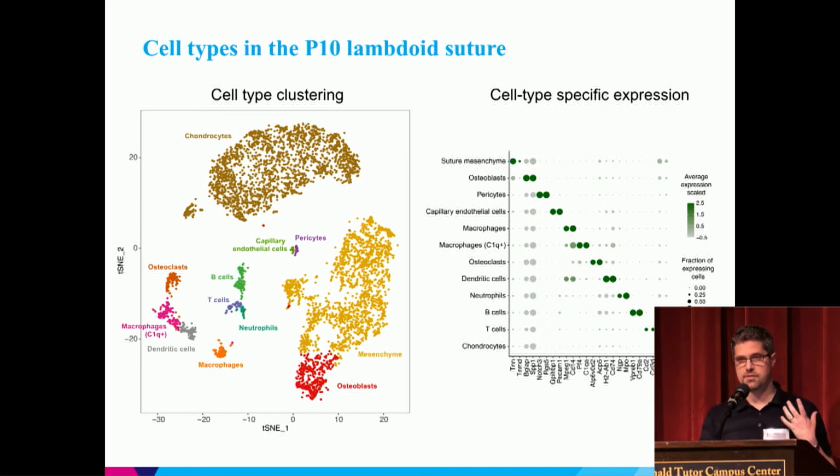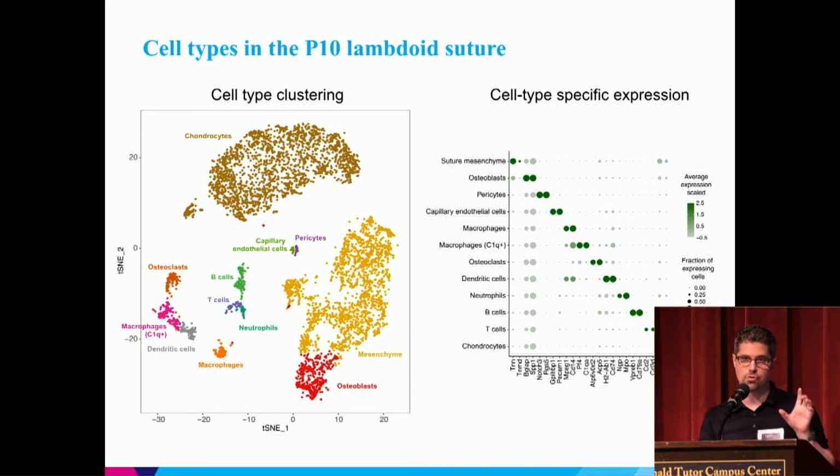One of the things that is of primary interest is clustering the different types of cells that we're seeing in the individual sutures. The example I'm showing here is the P10 lambdoid suture, where in the plot on the left, which is a t-SNE plot, every dot represents an individual cell that we've profiled with single cell sequencing.